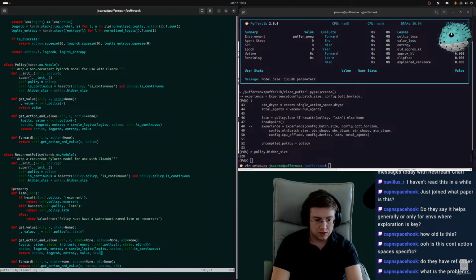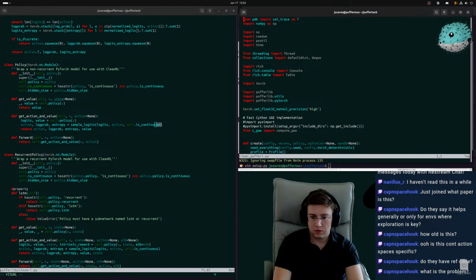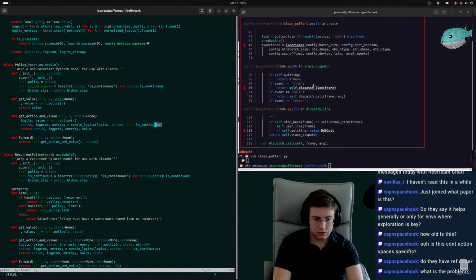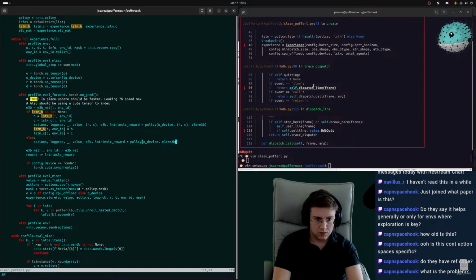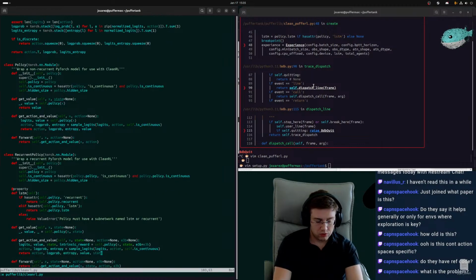Action value state. Now this has to return us new E3B, new intrinsic reward. So this is now going to return state, E3B, and intrinsic reward.